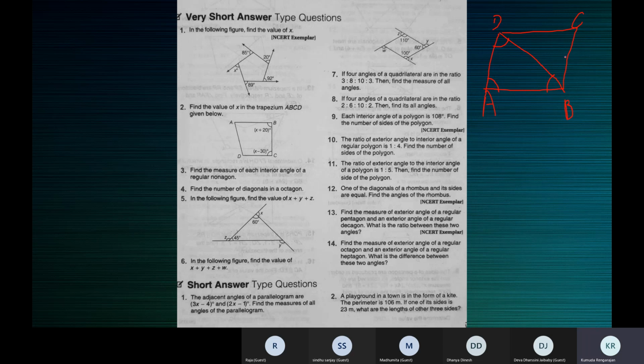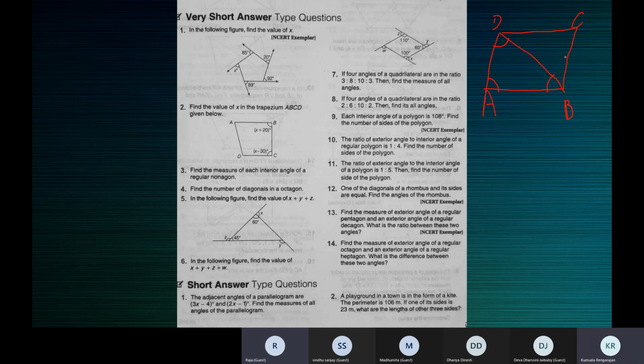Finished? In triangle BCD, what have you written, Raja? Ma'am, now in triangle DCB, DC is equal to CB is equal to BD, ma'am.